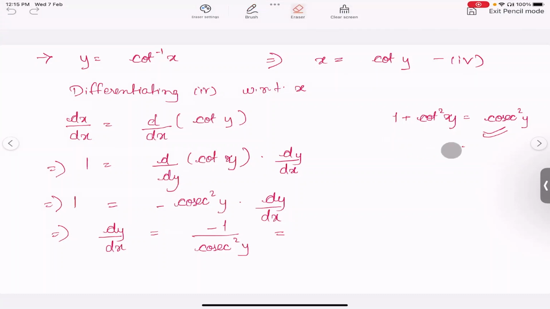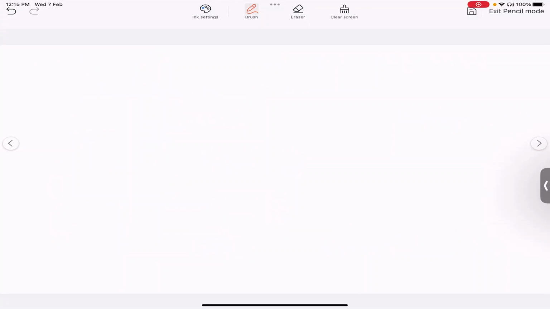So what we will do, this will be 1 plus cot square y, that will be equal to minus 1 by 1 plus x square, since cot y is equal to x, so we will substitute it with x. So this is our derivative of cot inverse x with respect to x.